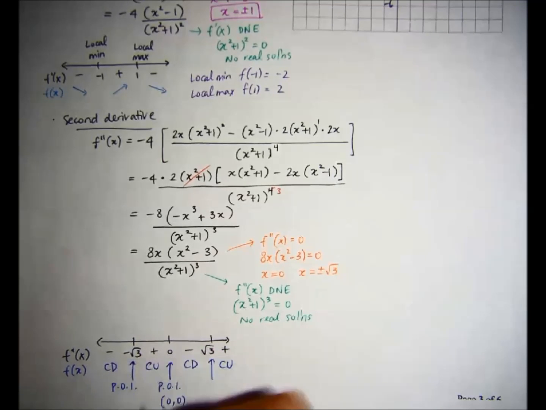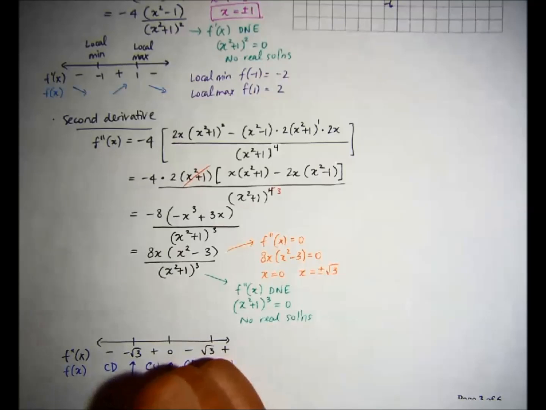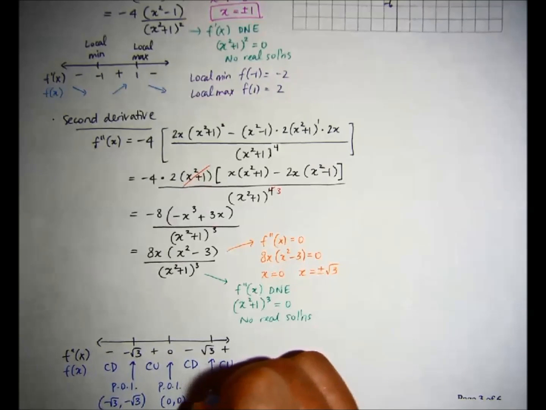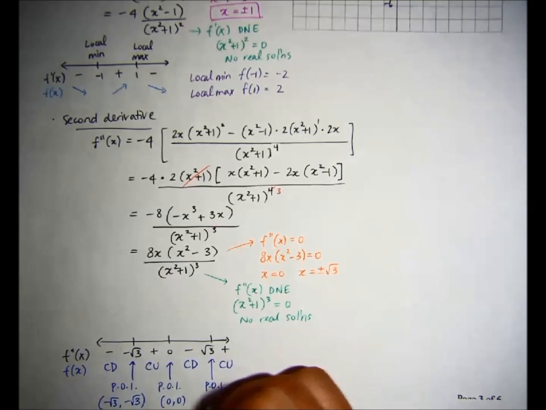Another point of inflection, you plug in x equals negative root 3 into the original function. So you're going to get negative 4 root 3 over 3 plus 4. So negative root 3. And then the last point of inflection, when you plug in root 3 into the original function, 4 root 3 over 4, so it'll be root 3, root 3.